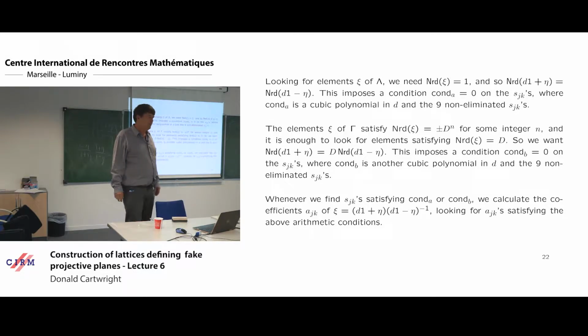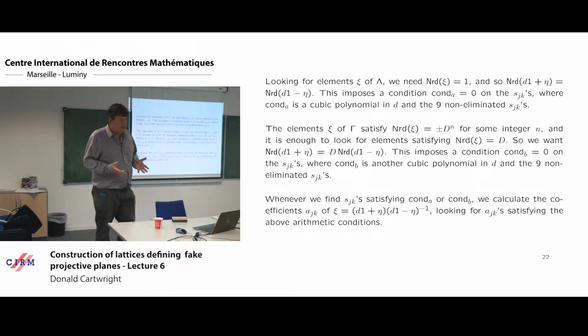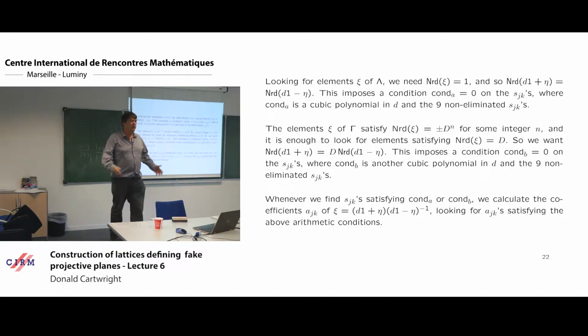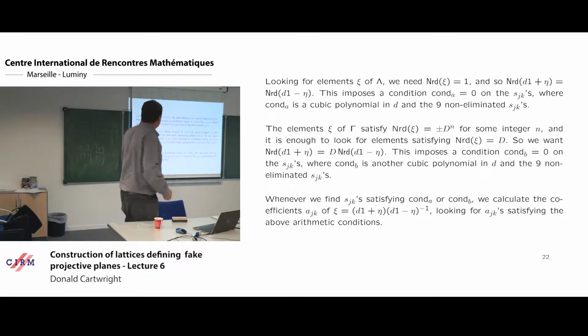It's a cubic condition, which I call... so you've got 9 variables Sjk left, and when you write down the difference between this reduced norm and this reduced norm calculated, you find you get a cubic, multiplied by s, as it turns out, but anyway, a cubic.